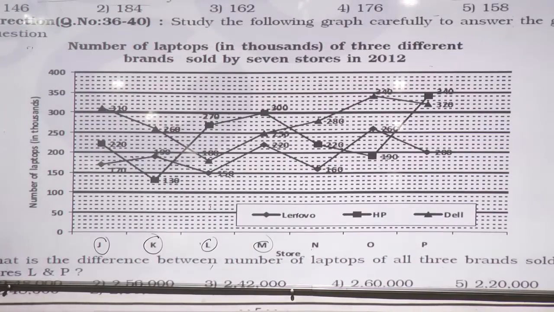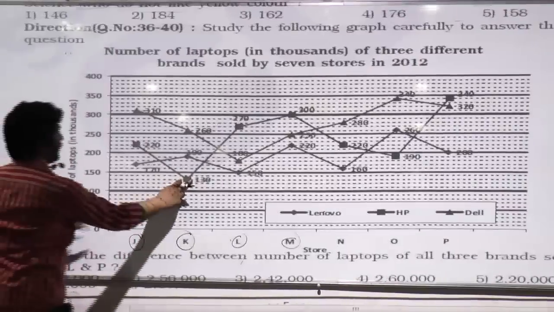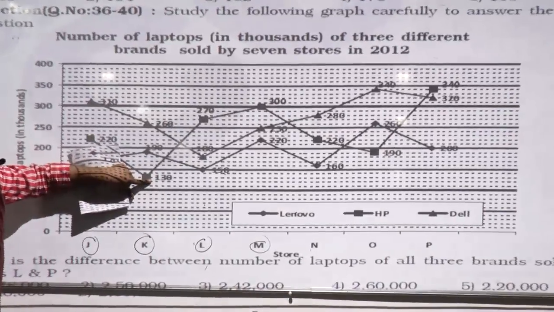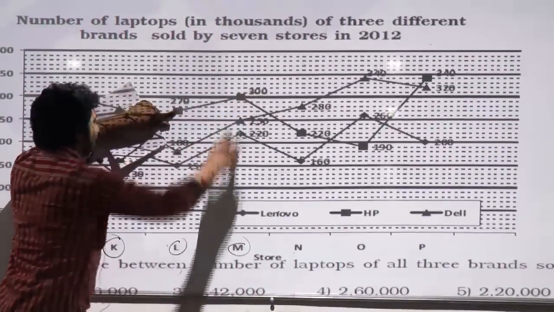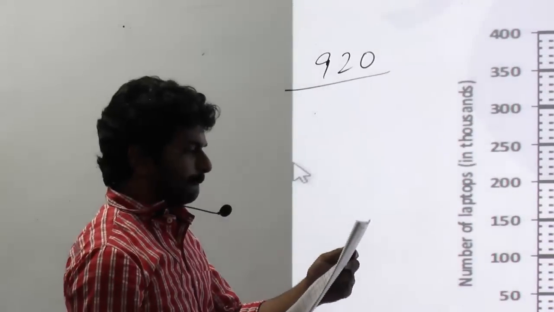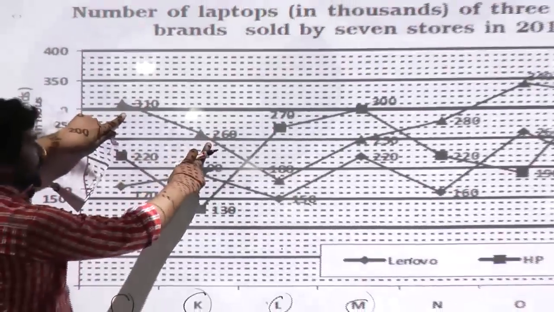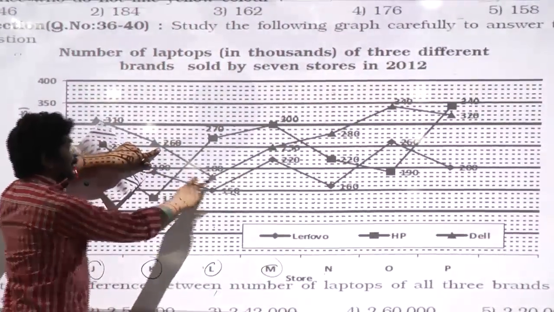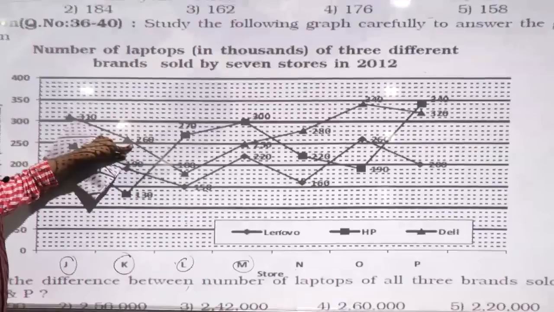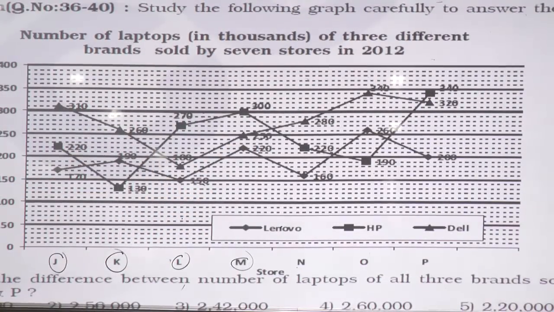HP laptops, square. 220, 130, 350, 350, 270, 620, 620, 300, 920. Numerator is 920 by denominator, HP and then Dell. Dell, triangle. 310, 260, 570, 180, 750, 750 plus 250, 1000.